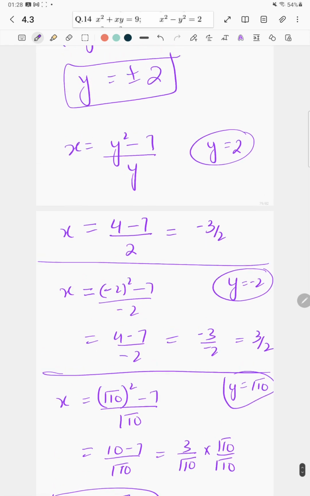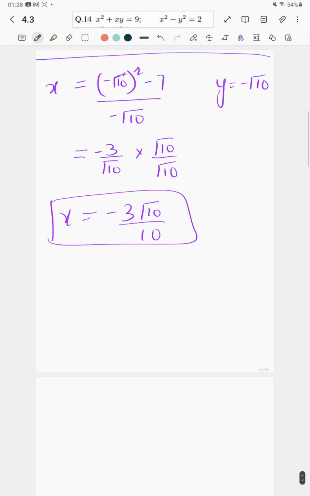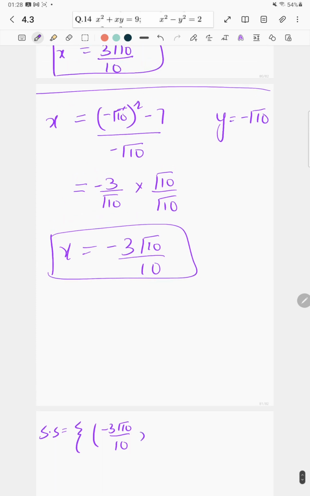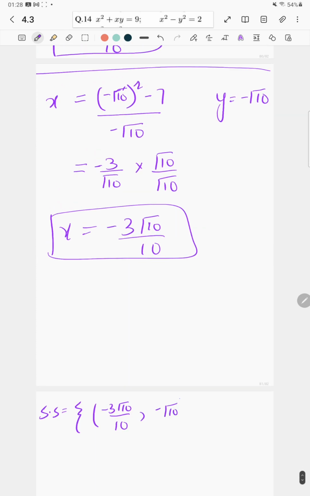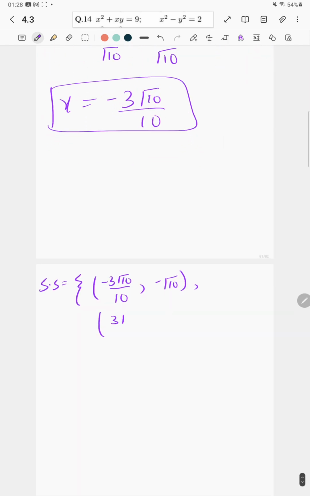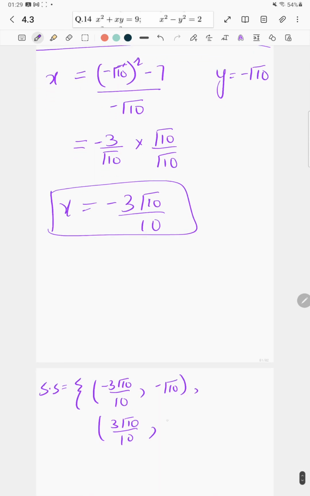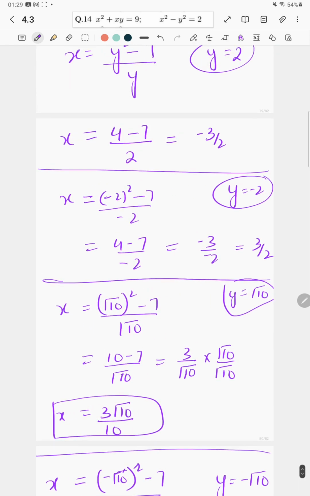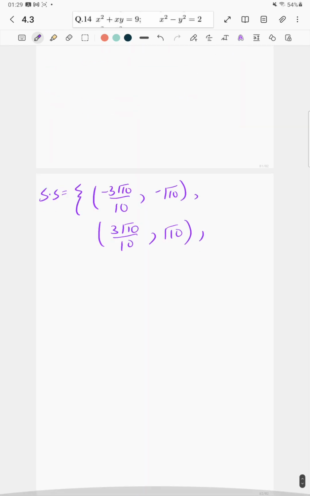So we get the 4 values of x against the 4 values of y. So now the complete solution set can be written. X is minus 3 square root 10 over 10 when y is minus square root 10. X is 3 square root 10 over 10 when y is square root 10. X is 3 by 2 when y is minus 2.